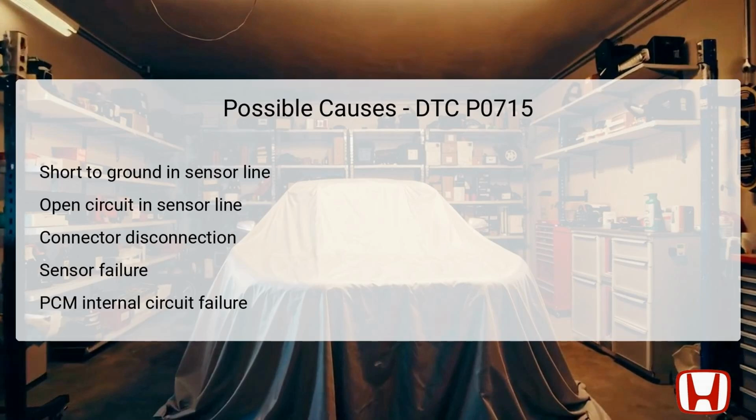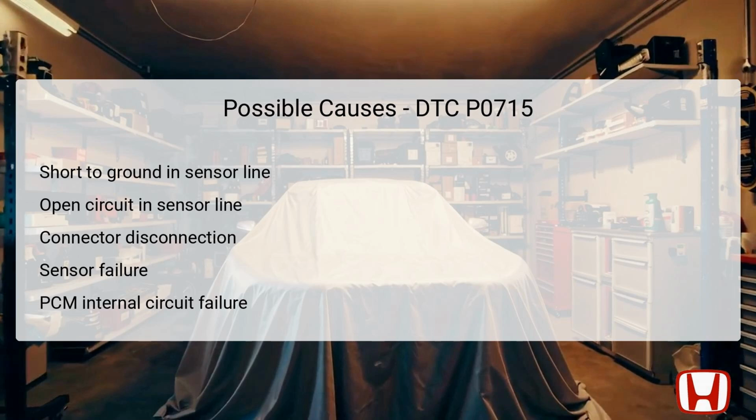Thus, understanding the locations of these components can significantly aid in diagnosing the problem. There are several possible causes for the DTC P0715 to be triggered. First, a short to ground in the input shaft speed sensor's NM line can interfere with signal transmission, causing the PCM to perceive a malfunction. Secondly, an open circuit in the same line would also prevent the transmission of a signal.